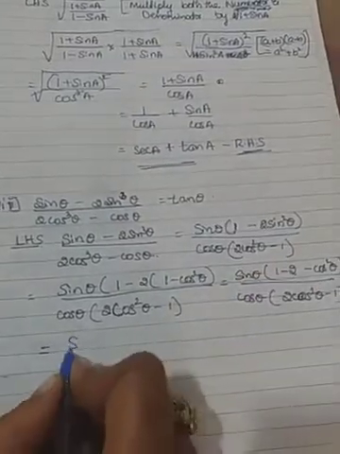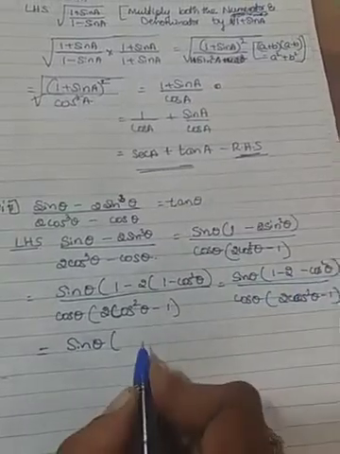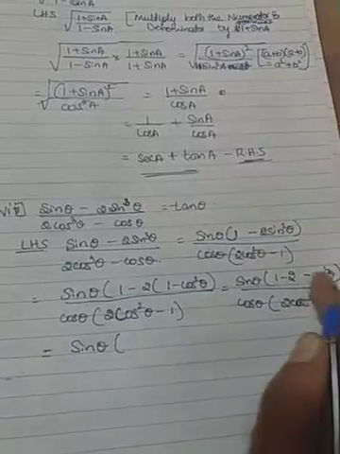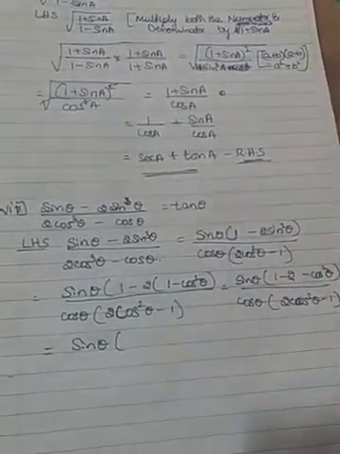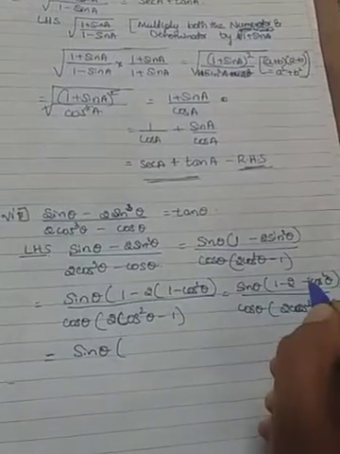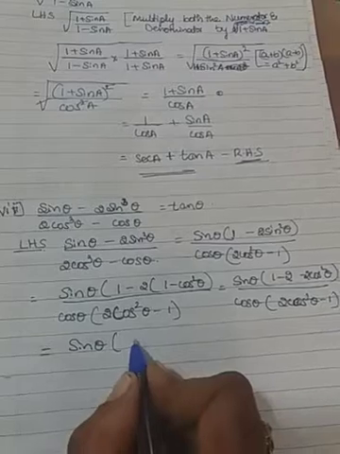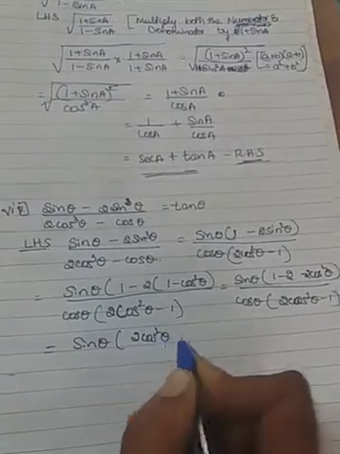So sin theta into, this 1 minus 2 nothing but the 1 only, or minus 1 it will become. So this thing will be the plus. So 2 into cos square theta, 2 cos square theta.